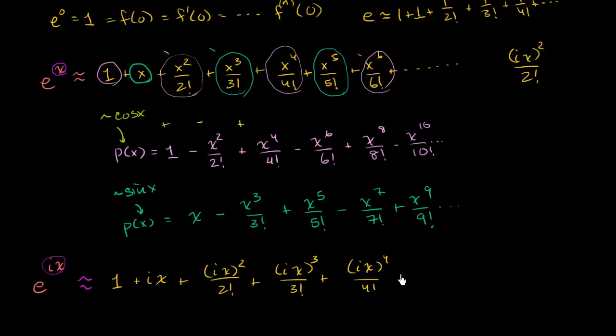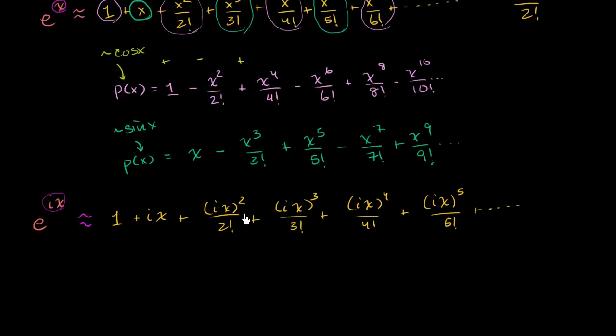And we can keep going, plus ix to the fifth over 5 factorial, and so on and so forth. But let's evaluate these ix's raised to these different powers.